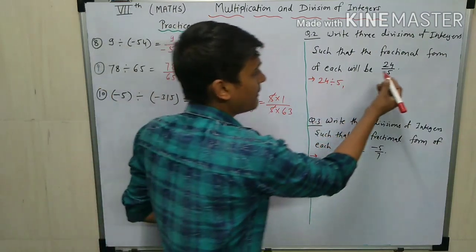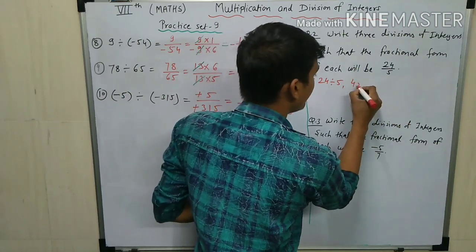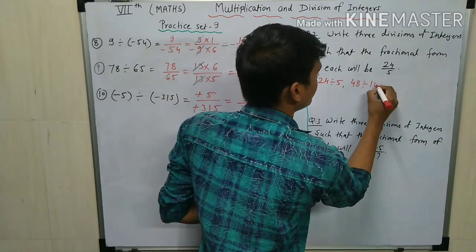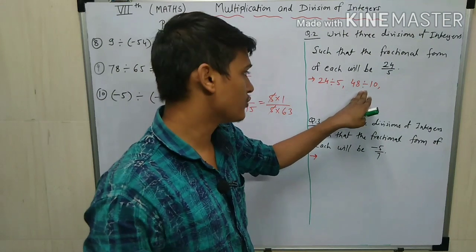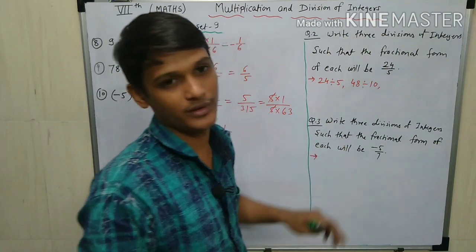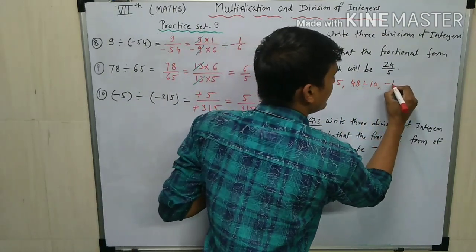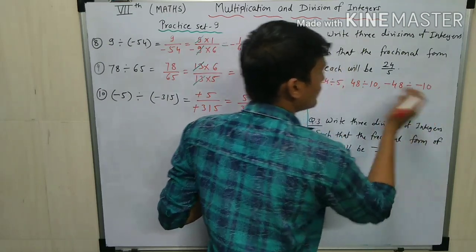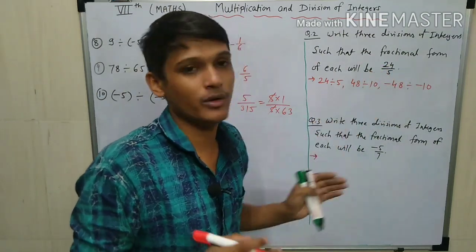Now second, we can multiply: 24 into 2 is 48, divided by, and this is also multiplied by 2, 10. Understood? We can solve this question, therefore the answer is 24 upon 5. Now third, there is a positive number, we can write negative number also, negative 48 and minus 10, this we can also solve and find the value of 24 upon 5.